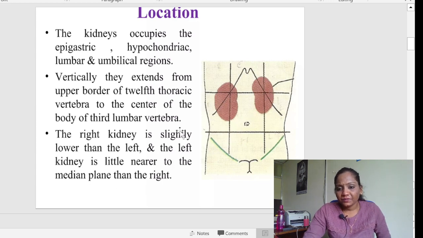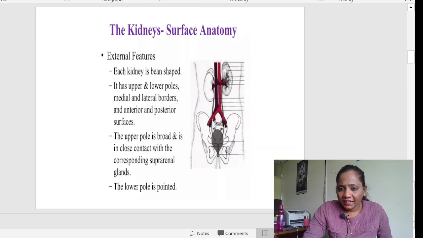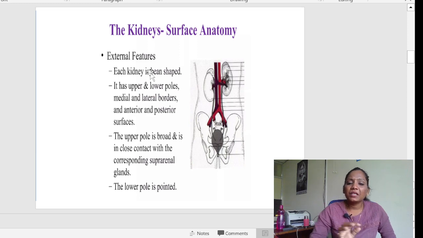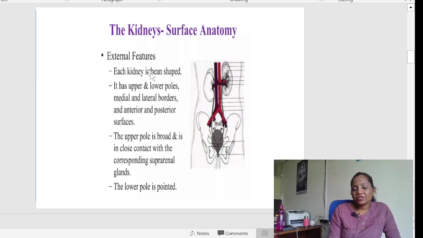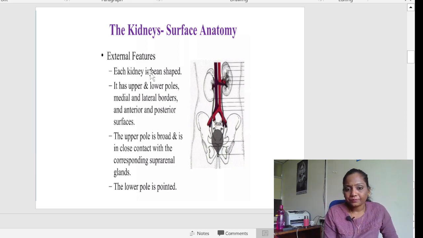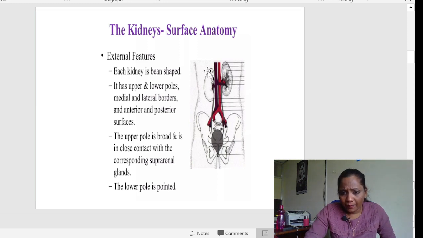So that is about location. When you see the external features of the kidney, each kidney is a bean shaped organ, and it has upper and lower poles, medial and lateral borders, and anterior and posterior surfaces.